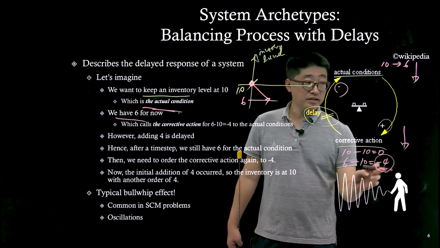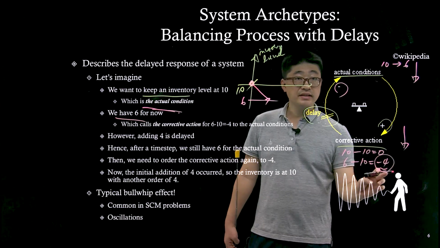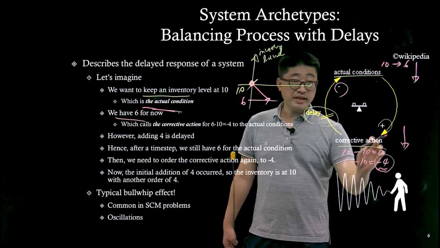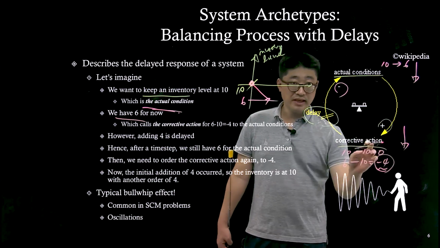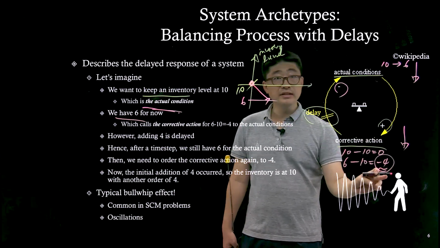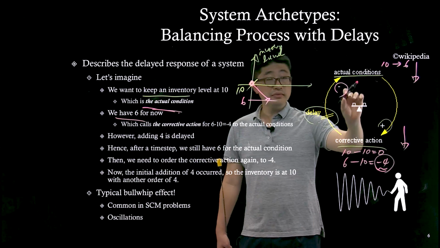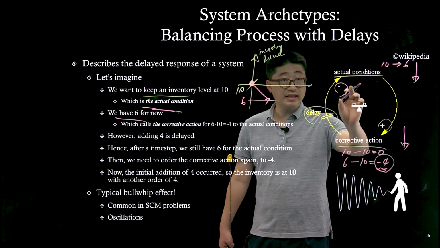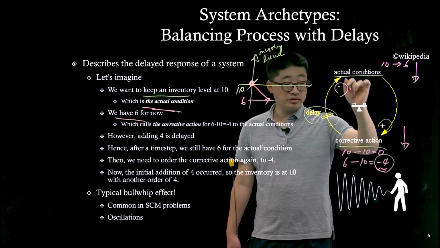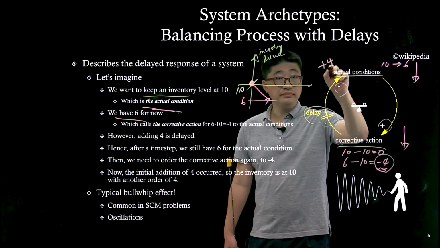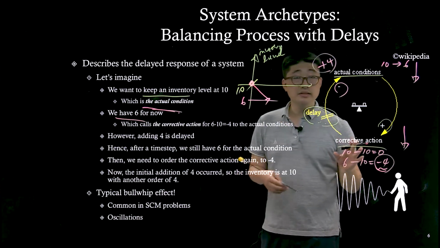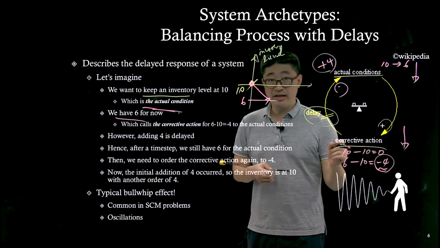So this minus 4 is a decrease in the positive causal link, and it will be in the flip sense, the opposite direction, and will impact the actual condition by adding plus 4 if it were without time delay.